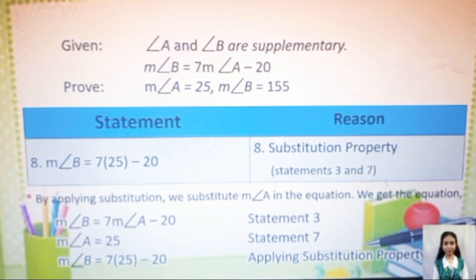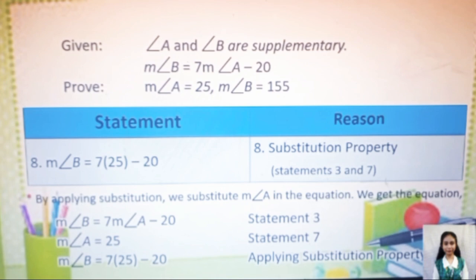By applying substitution, we substitute the measure of angle A in the equation. Measure of angle B is equal to 7 measure of angle A minus 20, statement number 3. Now measure of angle A is equal to 25, statement 7.